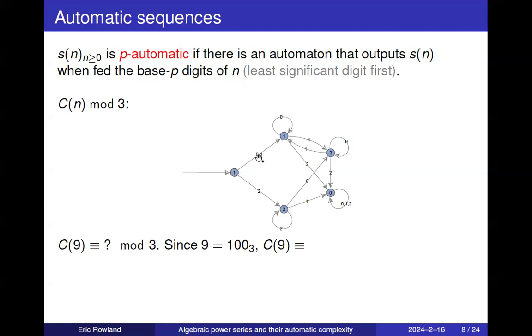So then we transition along this edge to this state. We read another 0. So that means we transition along this edge and we stay in this state. And then we read a 1. So we transition over here. And then since we're done reading the base 3 digits of n, we stop. And the output is the label of this state. So the output is 2. And so if this automaton computes the nth Catalan number mod 3, then what this is saying is that C of n is congruent to 2 mod 3.